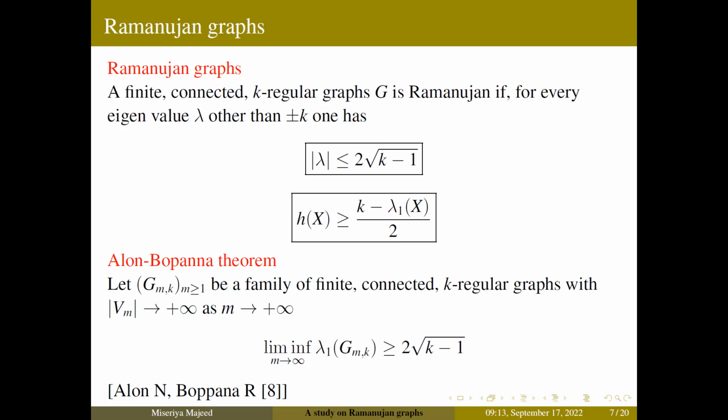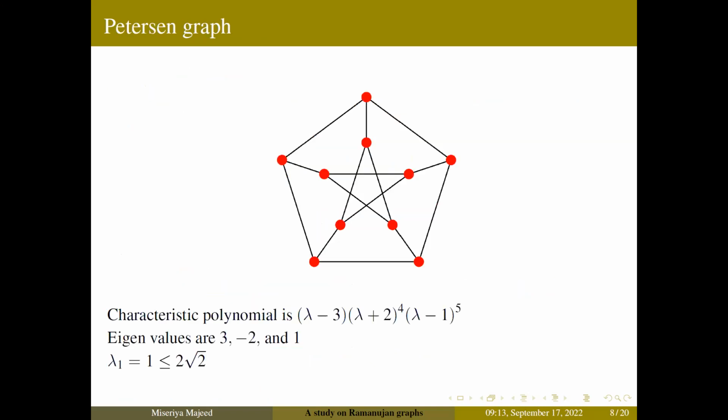The Alon-Boppana theorem describes how the spectrum of an infinite family of regular graphs behaves as n tends to infinity. You can see clearly that the limit infimum of such graphs is always greater than or equal to 2 root k minus 1. The Petersen graph is an example of a Ramanujan graph which has the second largest eigenvalue equal to 1.